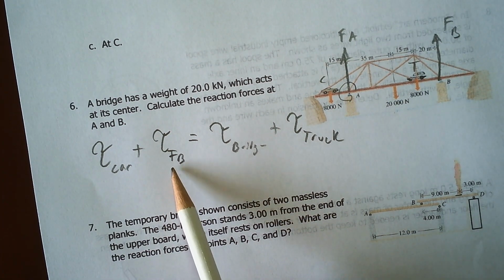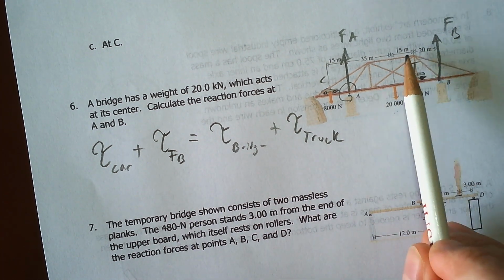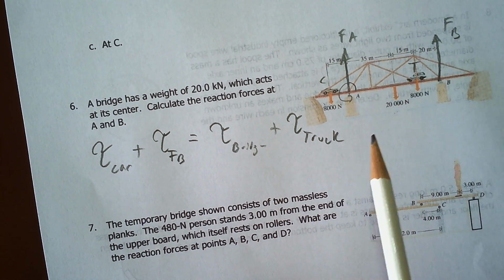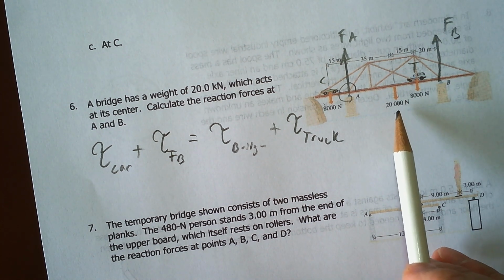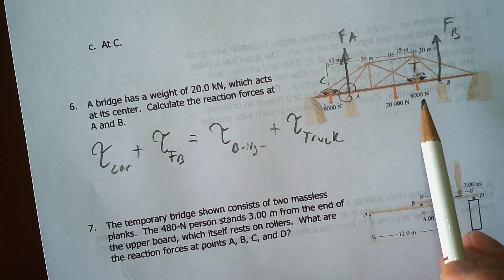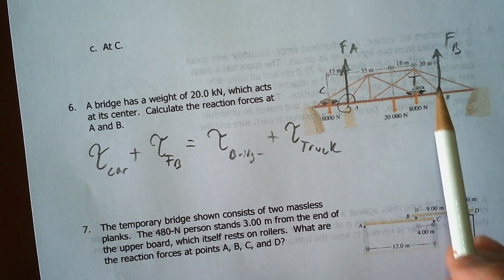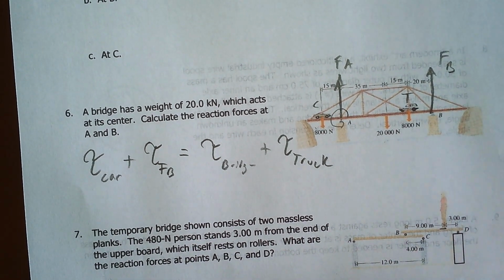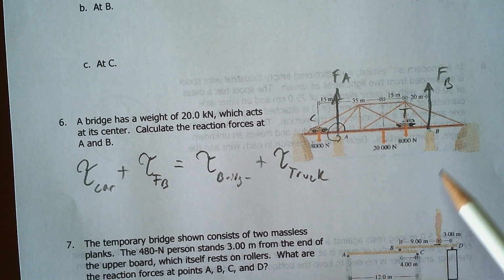For this one, it would be force B, which we don't know, times the distance away, and you'd have to add up all of those distances to figure out the distance away from the pivot point, times the sine of 90, equals 20,000 times the distance away, which I think is 35, times the sine of 90, plus 8,000 times the distance away, so you have to add those two together, times the sine of 90, and then solve for FB. Once you know FB, then you can go back to your one equation where we have FA plus FB equals those three forces added together and solve for FA.